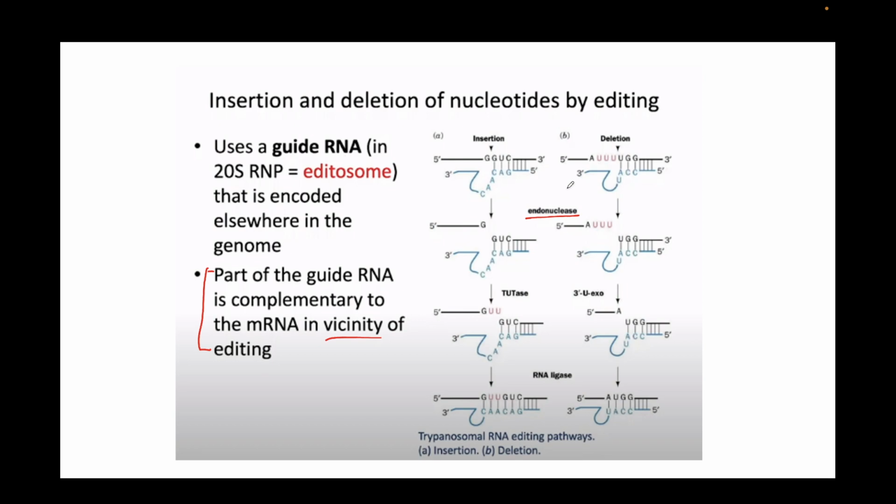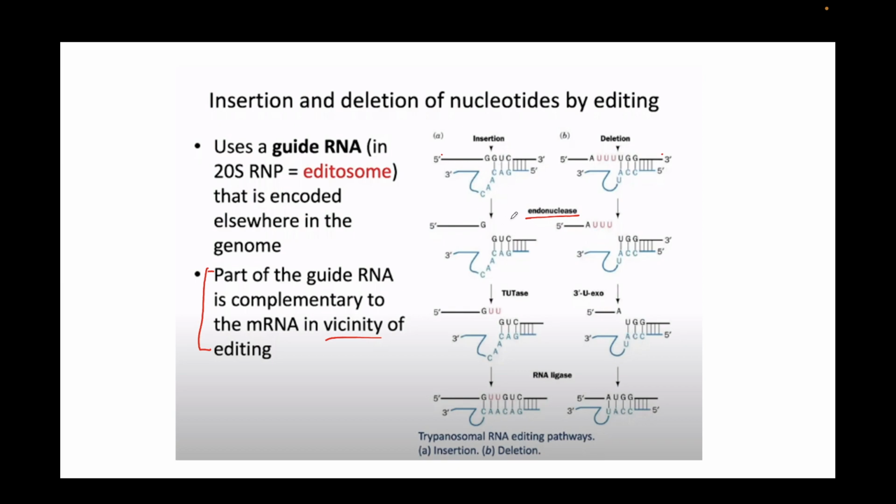If we are talking about a specific sequence inside the RNA, then we require endonuclease. But if we require insertion or deletion at a certain end, for example I want to insert a sequence of U at the 3' end or 5' end, then I will require an exonuclease enzyme, not an endonuclease. Endonucleases are specific to sequences inside the RNA.